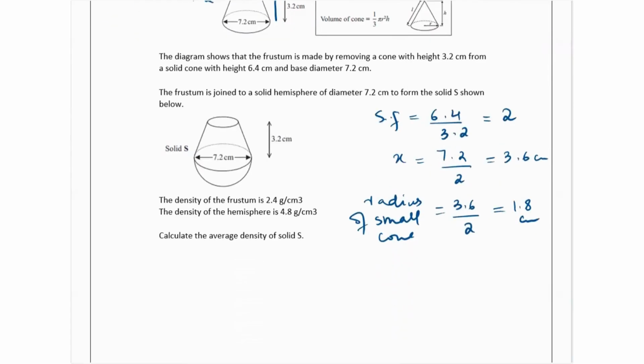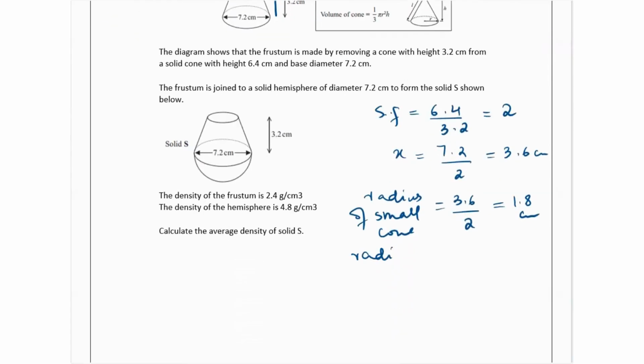And the radius of the large cone would be 7.2 divided by 2, which is 3.6 centimeters. Once we have the radii, we can easily find the volume of the frustum, because the volume of the frustum is the volume of the big cone minus the volume of the small cone.